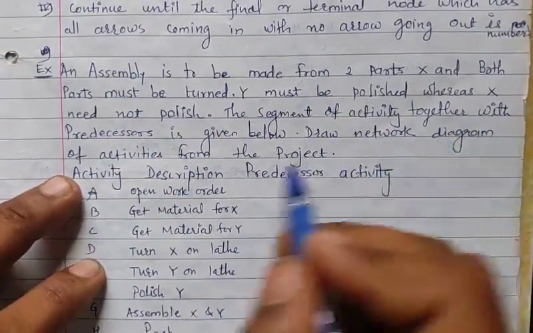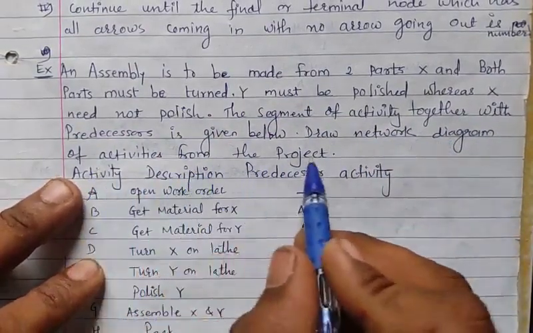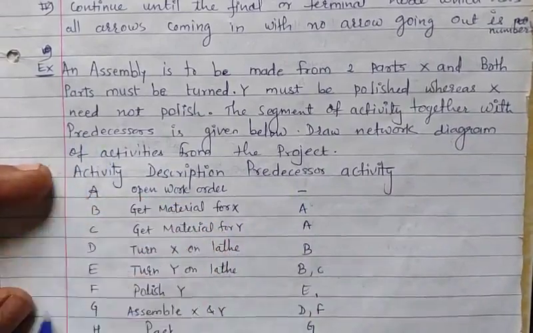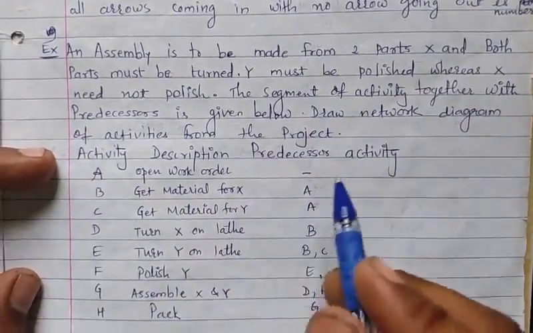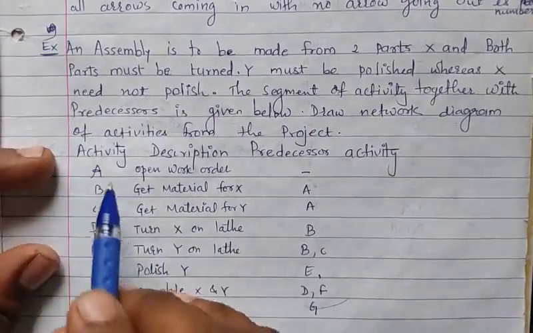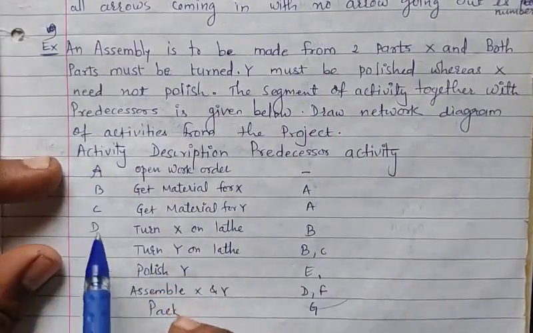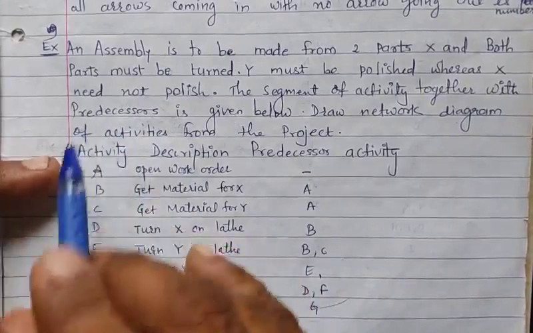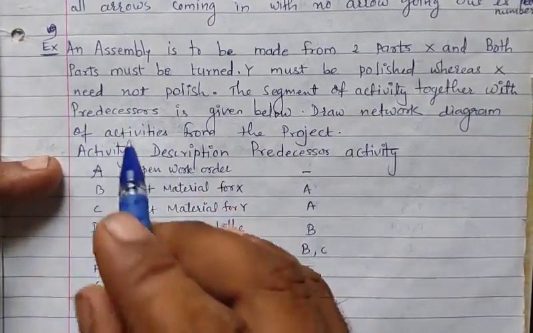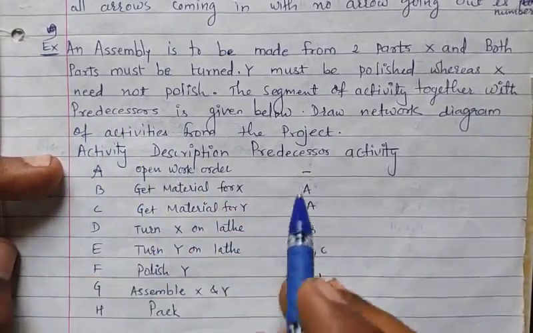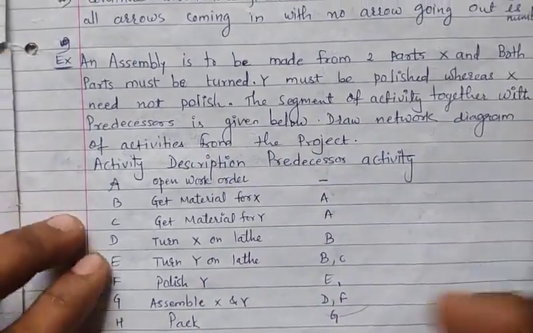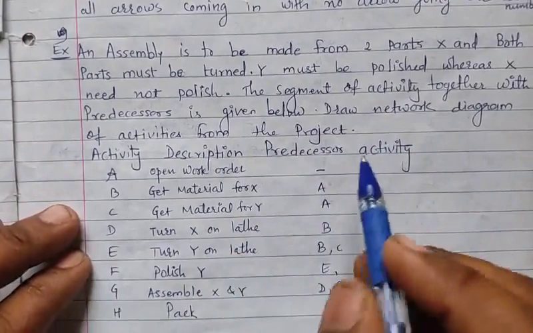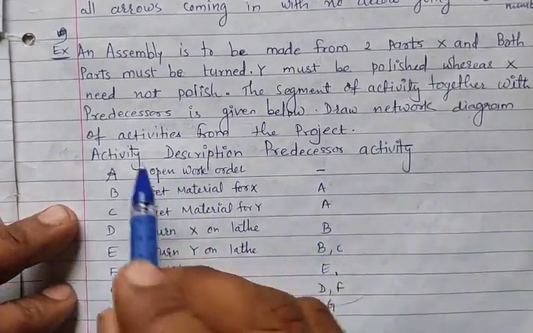Draw the network diagram for the activities of the project. Now we have given these are the activities and these are the predecessor activities. Activities A, B, C, D, E, F, G, H. So write down this in the given order and write down its predecessor activity.